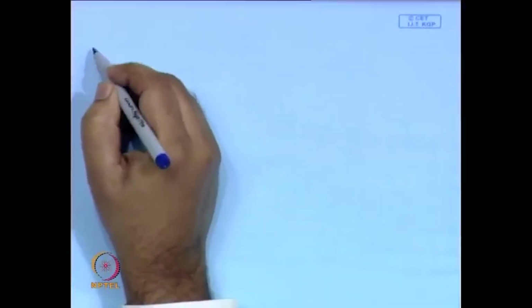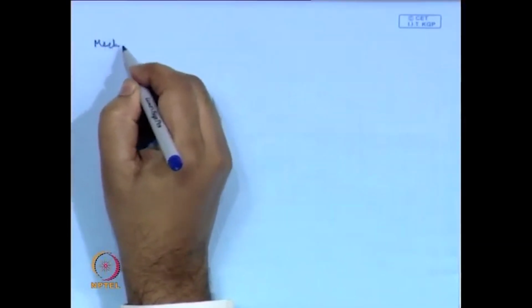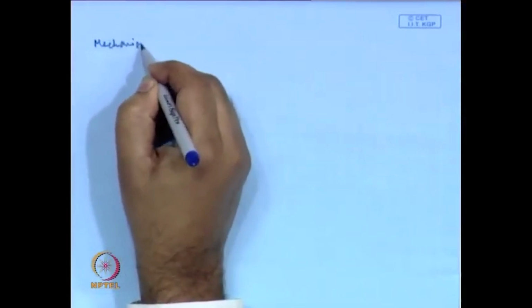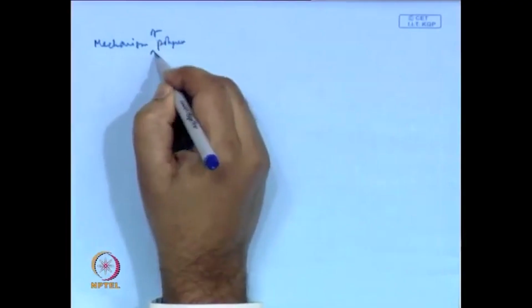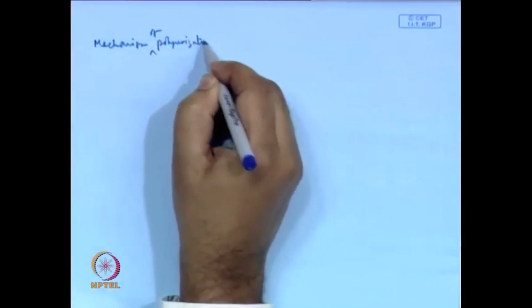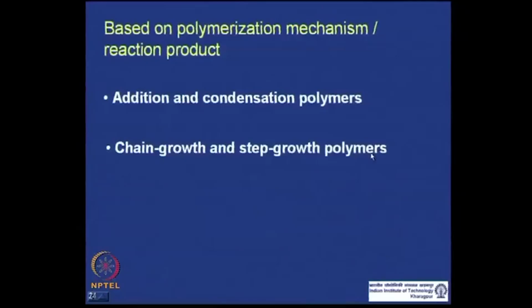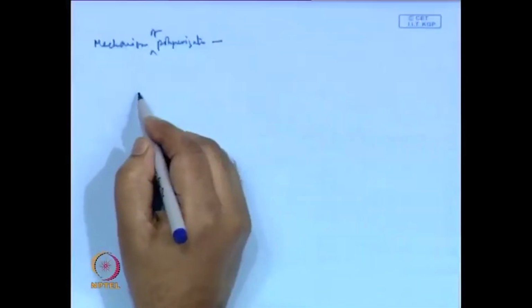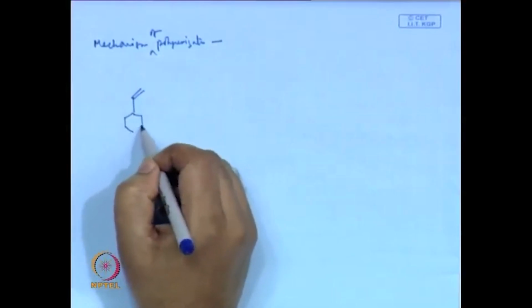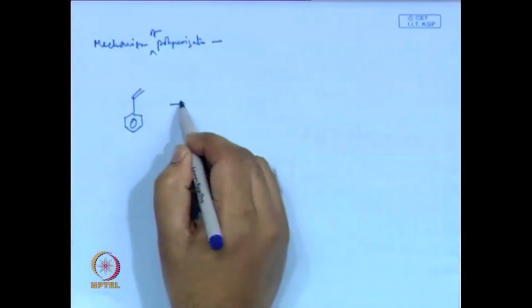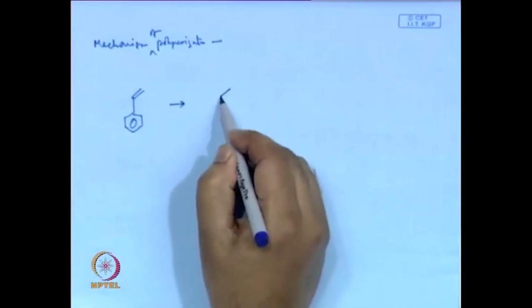Now, we will come to the mechanism of polymerization. These two types of polymer, this classification, chain growth and step growth polymers. You take an example like I took in the class, styrene.